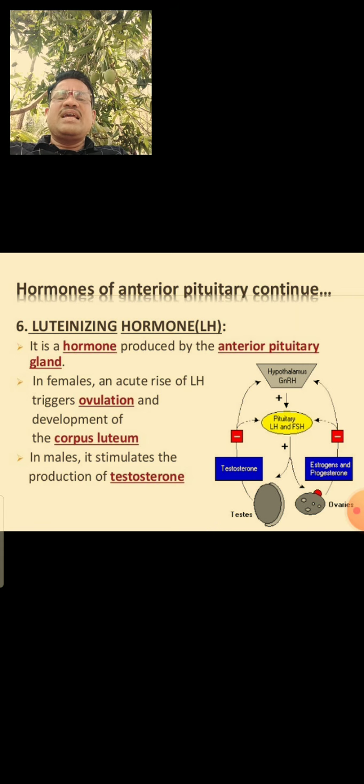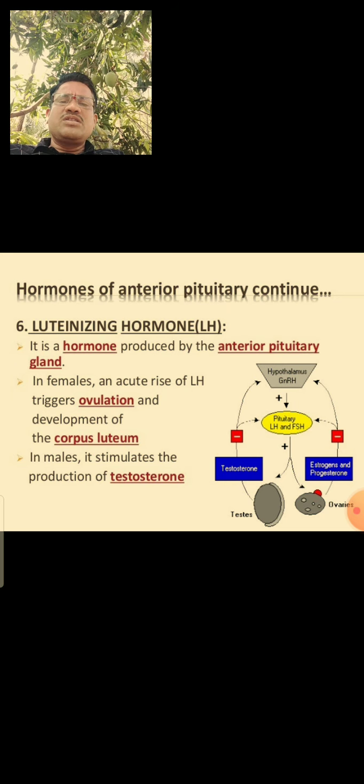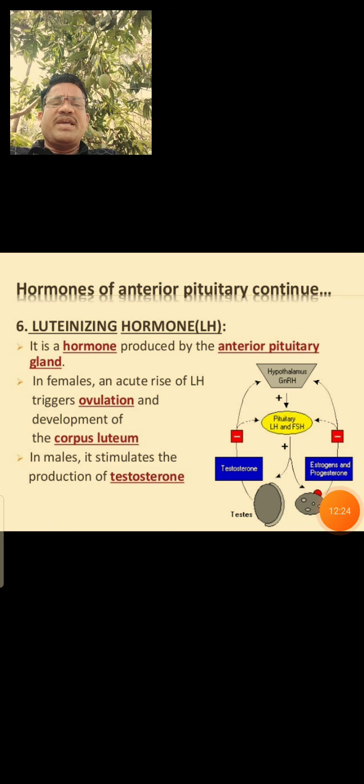The layer is corpus luteum. In males, it stimulates the production of testosterone. Testosterone gives secondary sexual characters to the males, and estrogen gives secondary sexual characters to the females.